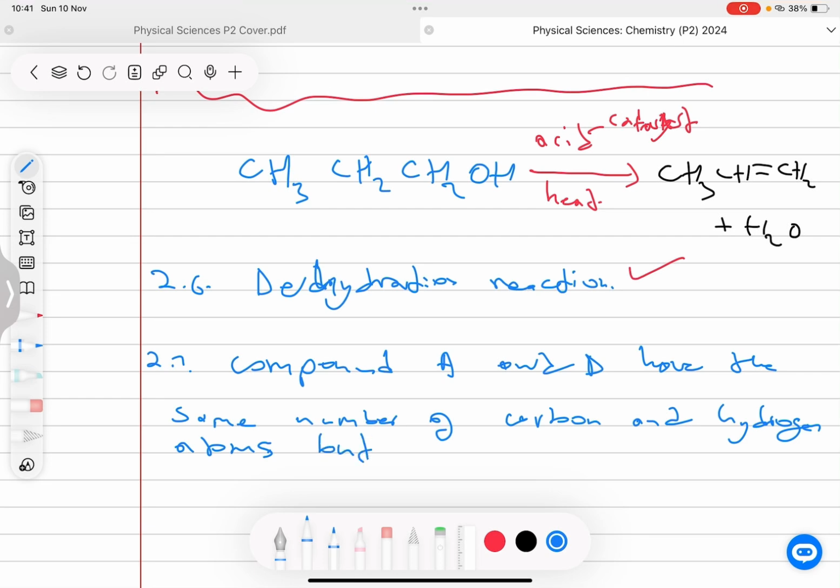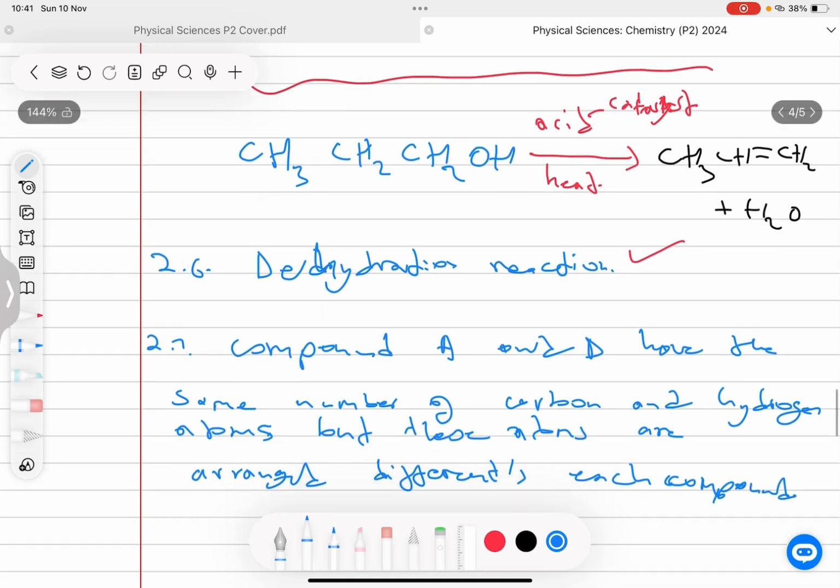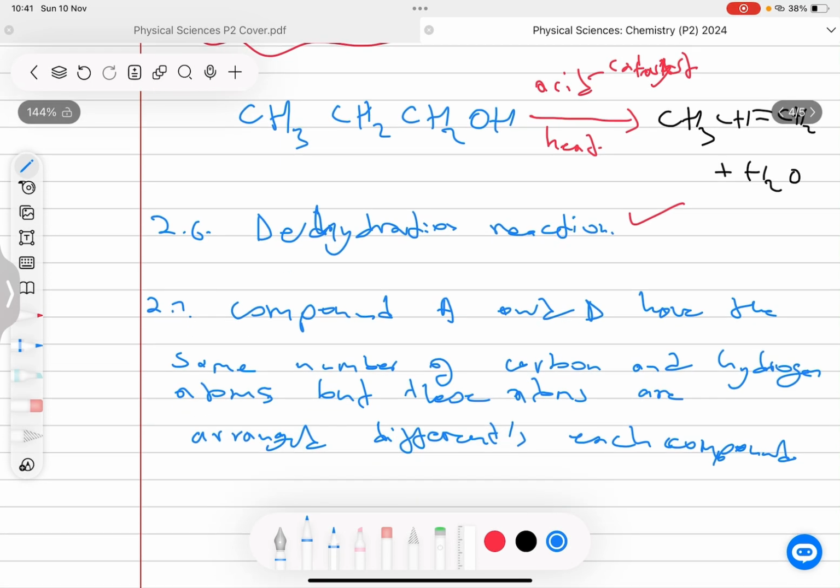So we're saying that, yeah, but also now here, these atoms are arranged differently. They are positioned differently on the two molecules, on each compound. So let me see what I'm saying here.